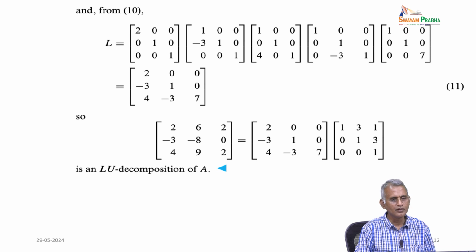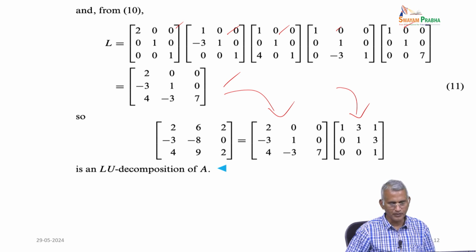So, take E1, E2, E3, E4 and multiply them, and you get the value of L. So, the matrix can be written as the LU combination, this L you get, and corresponding U we can also find. So, this way is another technique we can use for the LU decomposition method.